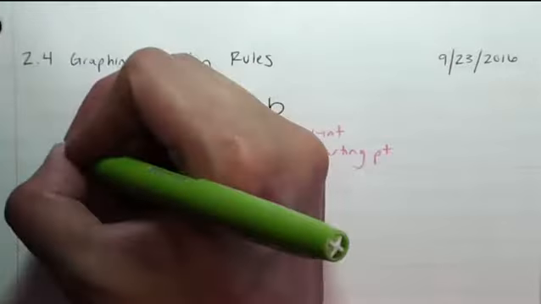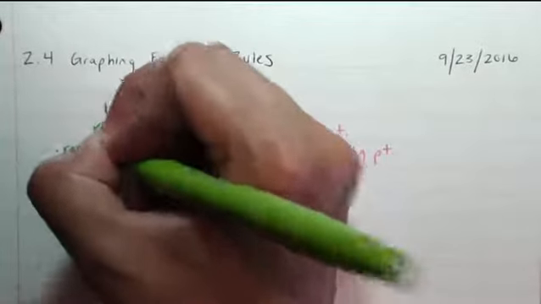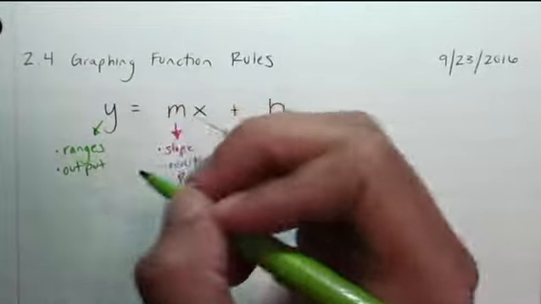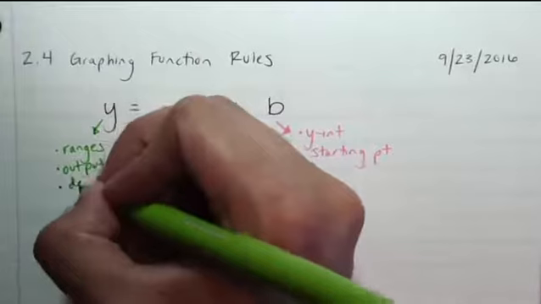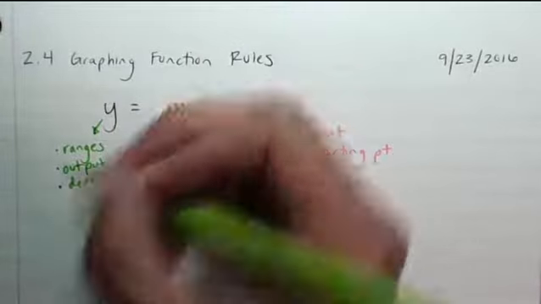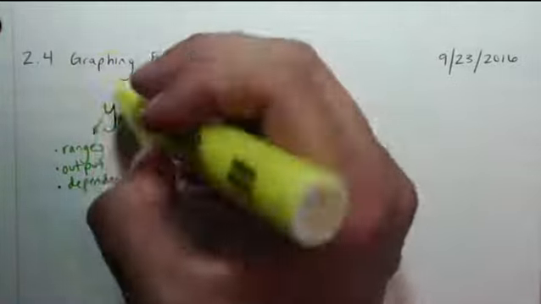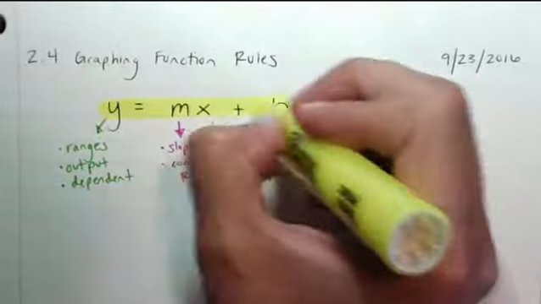We know these as our ranges already. We're going to use the word output a lot today. And these are our dependent variables. Now remember, all of these equations are linear functions. We're focusing on linear right now.